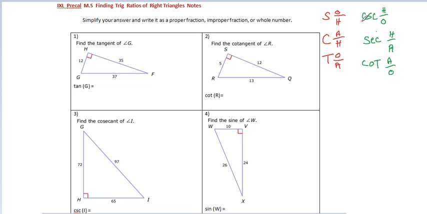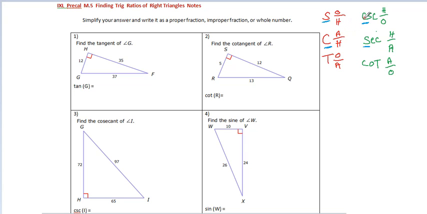This one is cosecant, which I can remember this way: this one has a C, this one has an S. If this one starts with a C, use the one that starts with the S here. That's the way I have to do things in my brain.